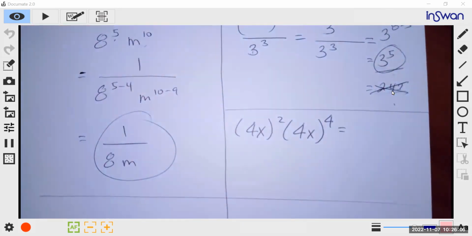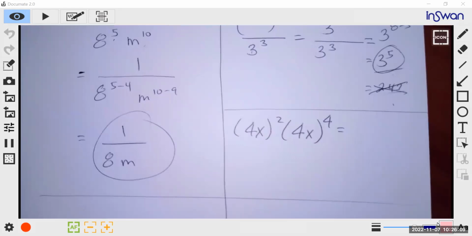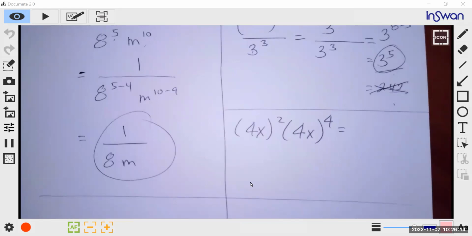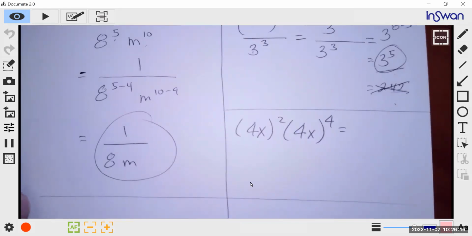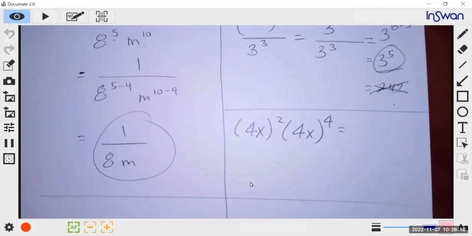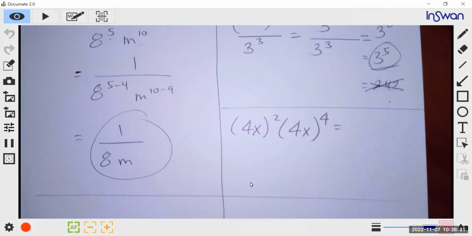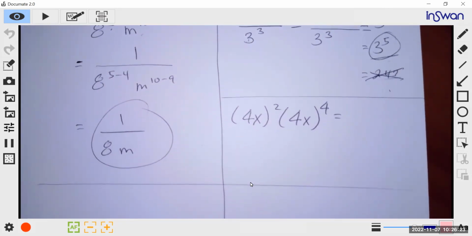How about this one? Very good. Very good.